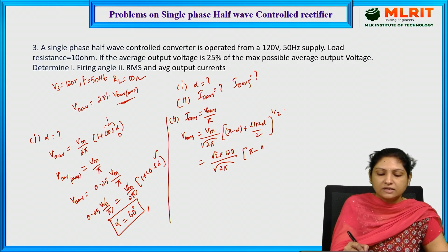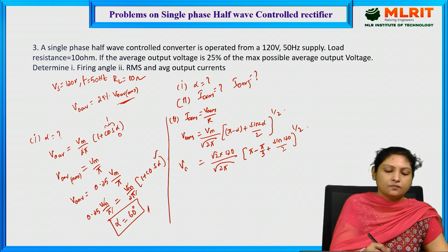Let me write this in terms of pi as pi by 3 plus sine of 2 into 60, which is 120 degrees, by 2, whole to the power of 1 by 2.